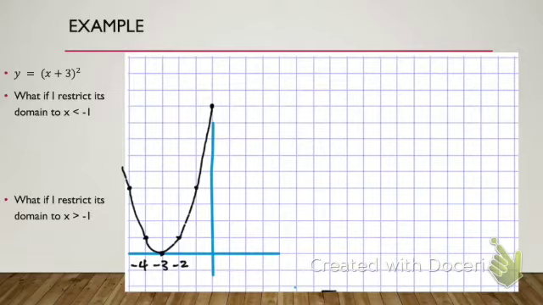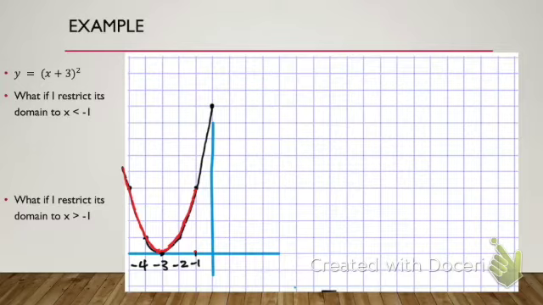But what if I restrict its domain to x less than negative 1? So negative 1 is right here. In other words, if I restrict the domain to x less than negative 1, I'm only looking at this portion of the curve.